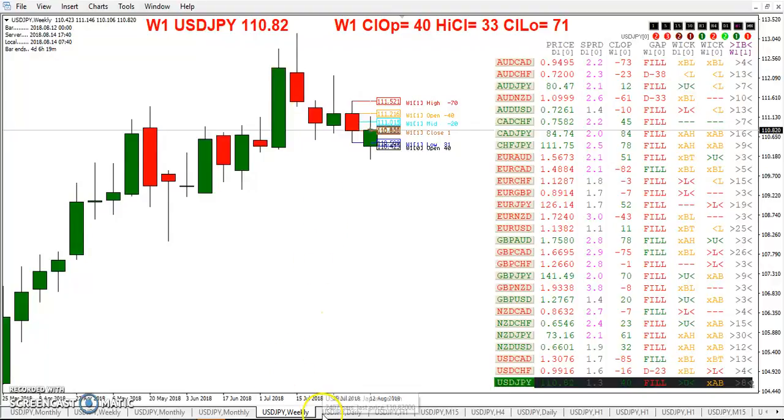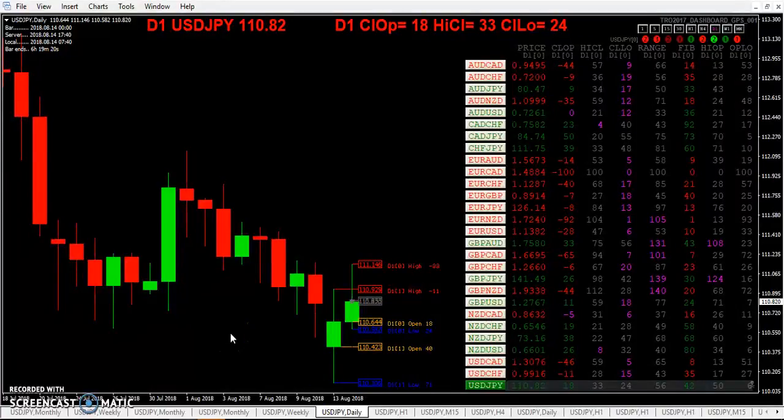Not to beat a dead horse, but you can see right here, once again, looking at the wick zone, you always trade out of the zone, not into it. So right here, you can see we had a long trigger at 110.929, and we had a high of 33 minus 11. There was a 22 pip chance right there to take profit today.